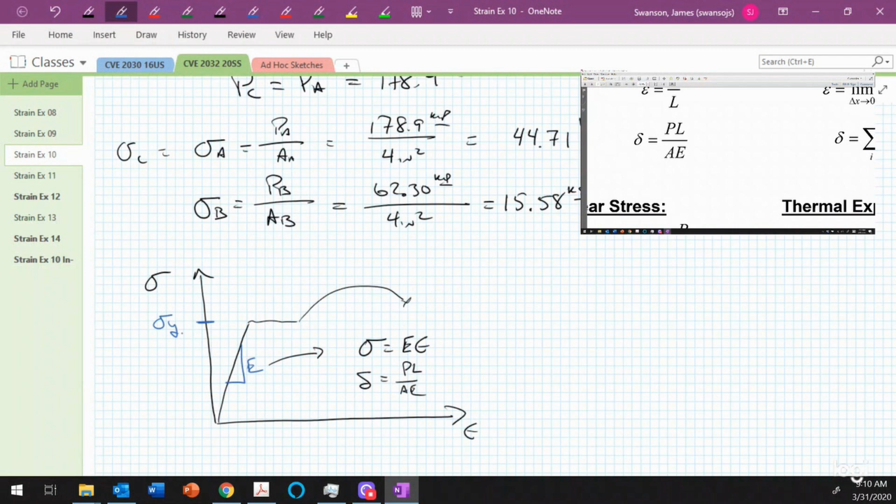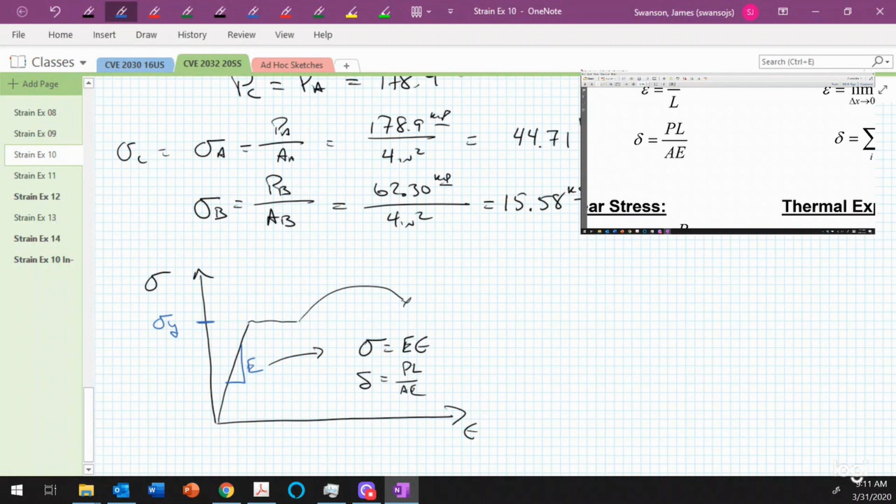So if we go back to the original definition of the problem, it says that the steel has a yield stress of 50 KSI. So this is less than or equal to the yield stress sigma sub y. I wrote it as F sub y in the problem definition, less than 50 KSI. So that means that Hooke's law is still valid for that. And for bar B made out of aluminum, sigma sub y was equal to 30 KSI.